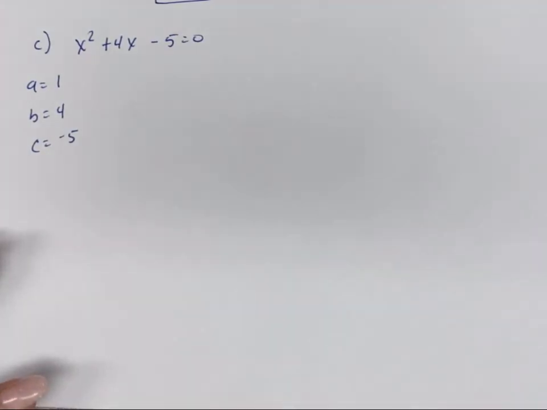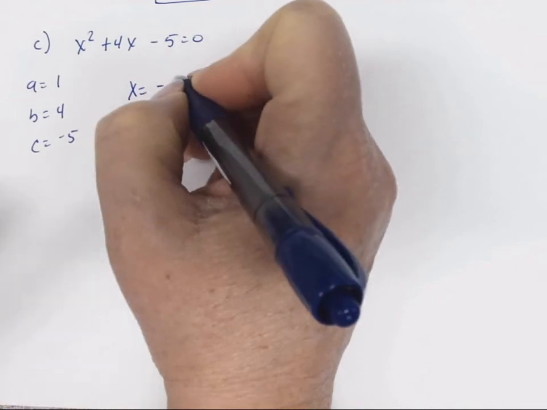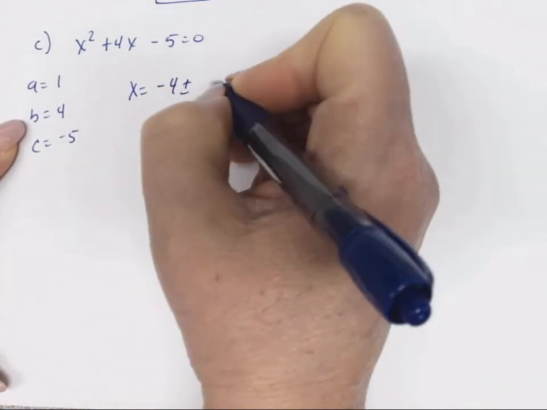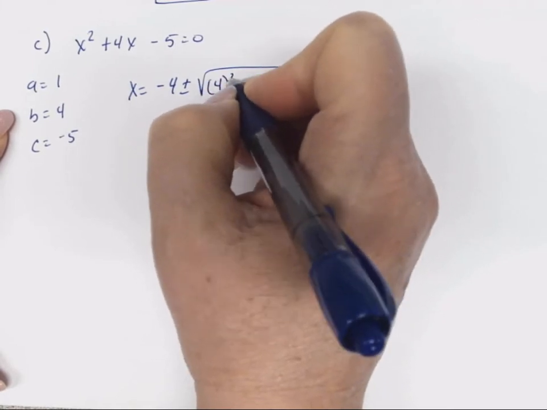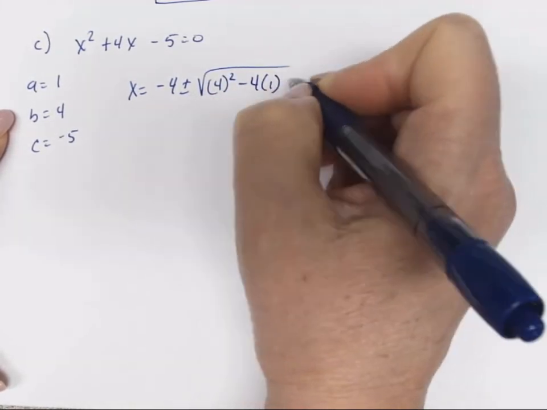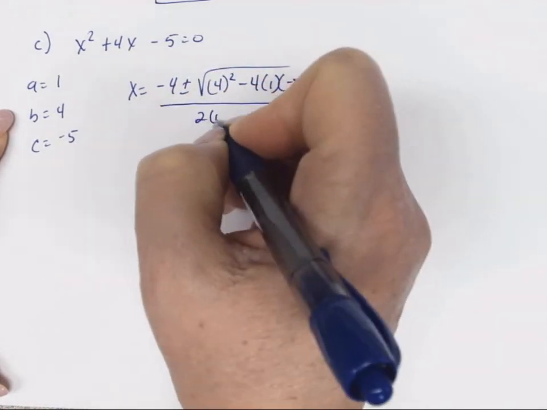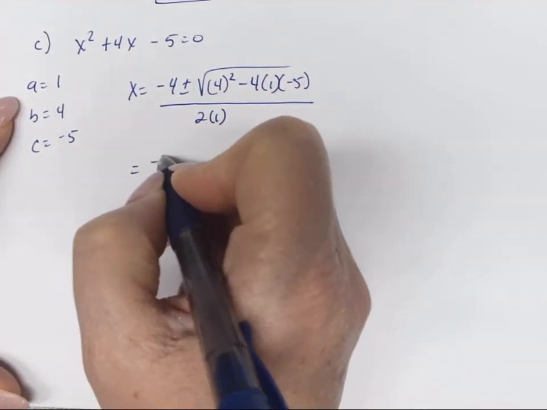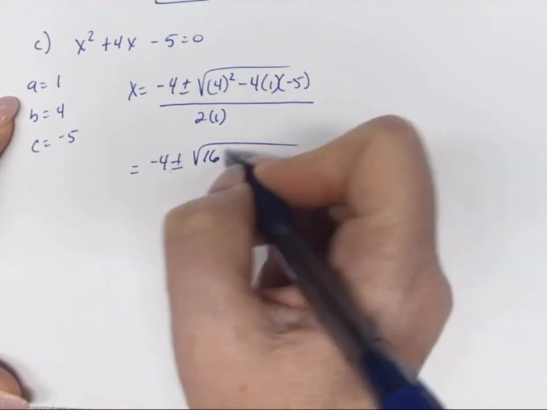coefficient. All right, so we're going to have x is equal to the opposite of b, plus or minus, or the negative of b, the square root of b squared minus 4 times a times c, all over 2 times a. So negative 4 plus or minus the square root of 16.